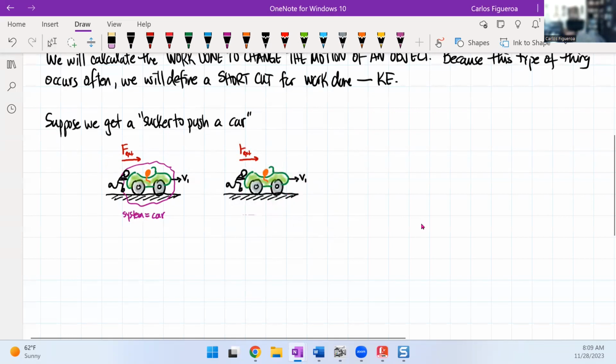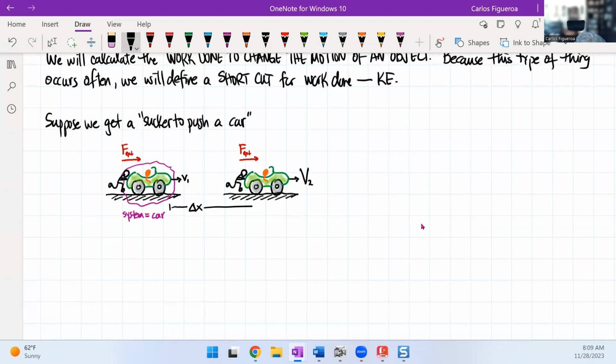This guy is still applying this force, and now there's a higher speed. The car has now moved some distance. Clearly work is being done, and because the displacement and the force are in the same direction, we could claim that there is positive work being done.